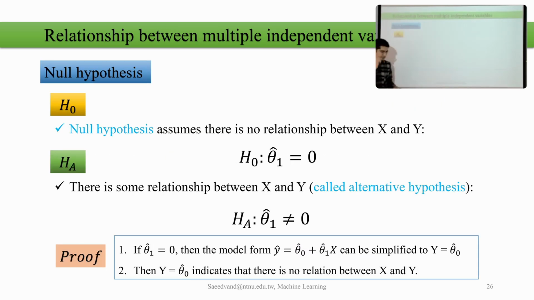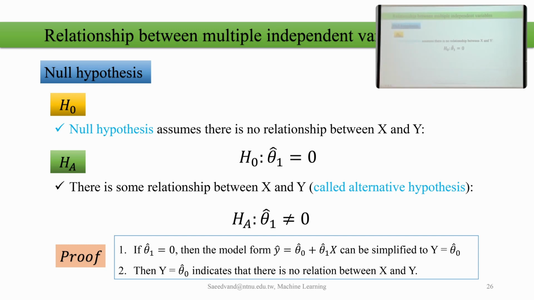Now let's define exactly what the null hypothesis is. We have two scenarios, the null hypothesis and the alternative hypothesis. The null hypothesis is defined as H0. We write H0, which assumes that there is no relationship between X and Y in the simplest form.